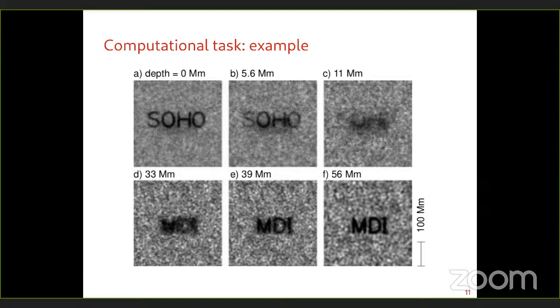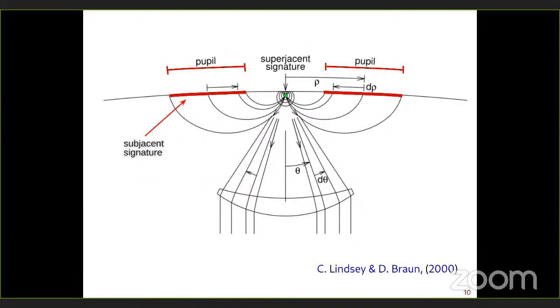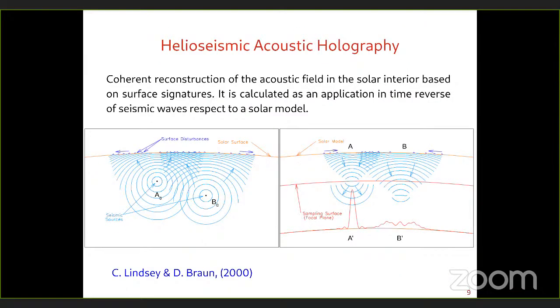Yes. Well, actually, there is not a unique solution. You need to know what you're looking for, and you look for the most focused thing. Like in this example, we put the letters SOHO, and then we look at where it looks most like SOHO, and that's our depth. But practically the solution from 11 megameters would also fit what we see on the surface. Yes, that's right. Because from these plots here, we see the calculated acoustic field at a certain depth.